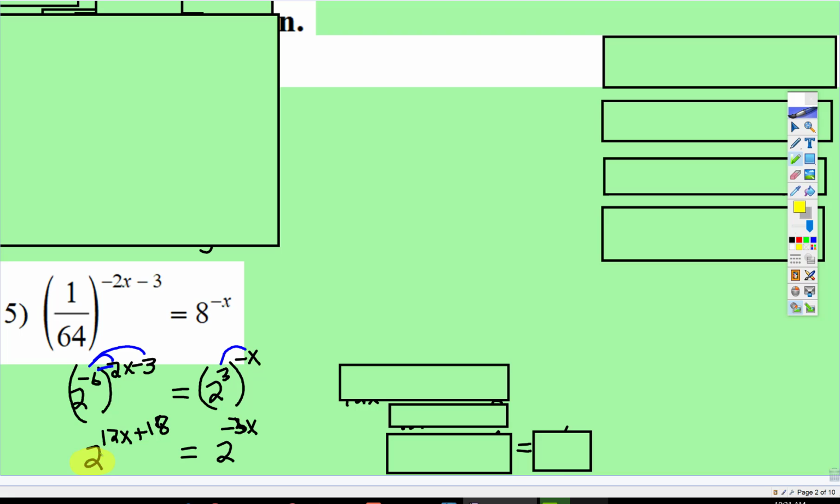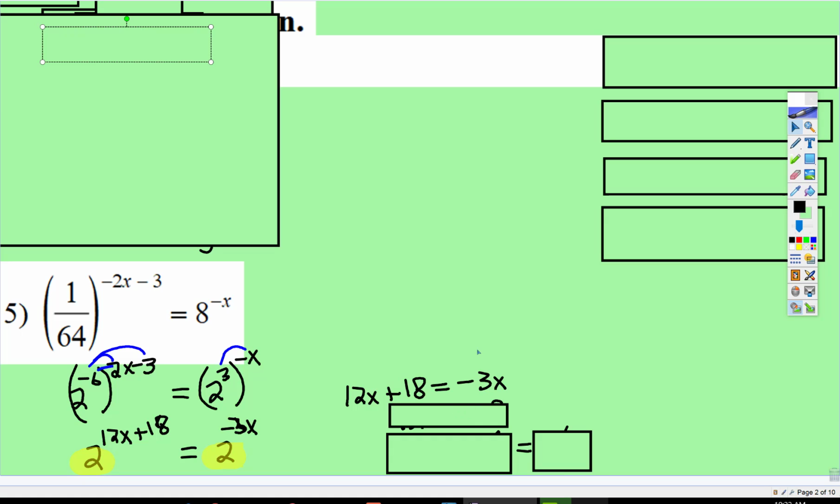Well, these base numbers are now the same. So you can set the exponents, 12x plus 18, equal to negative 3x. Since 12x is positive, I'm going to choose to add 3x. That zeroes out this side, but then I'm going to subtract 18 on both sides.